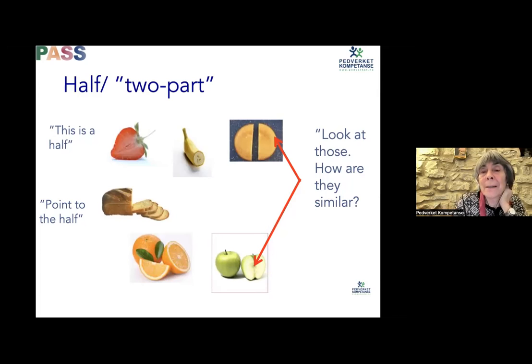So look at this and this, an apple piece and a piece of cake, just a piece of cake. How are they similar? They are similar in being parts of.